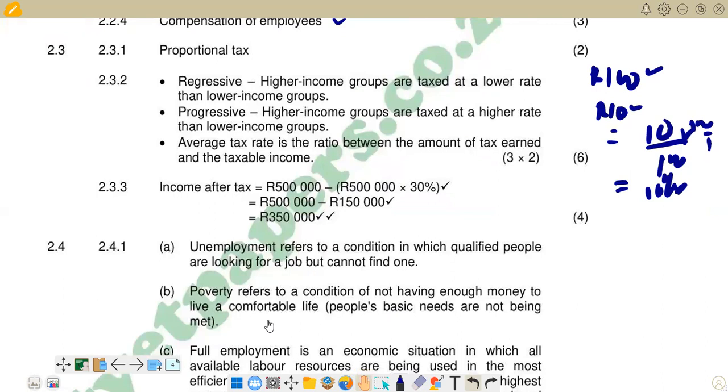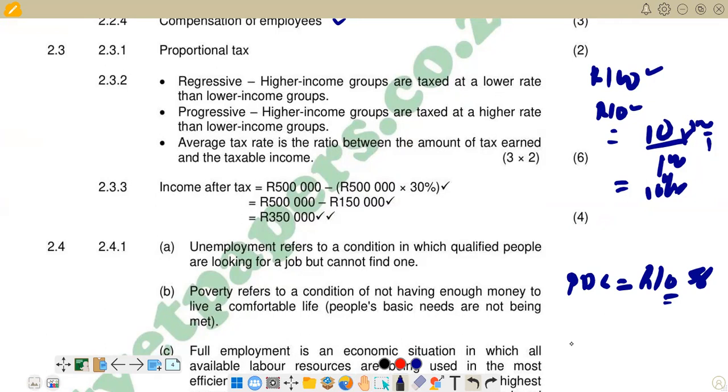So that's poverty. We also need to know the poverty datum line at the moment in South Africa. The poverty datum line as of October 2023 stands at 1,058 rands. So basically what it means is anyone who is earning below that amount is regarded as a poor person.